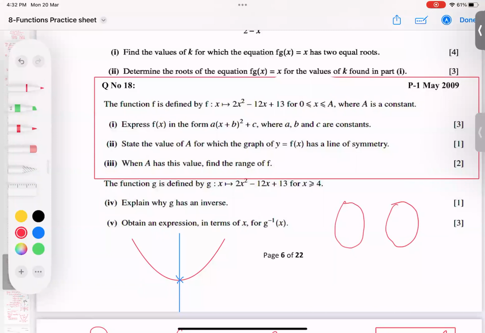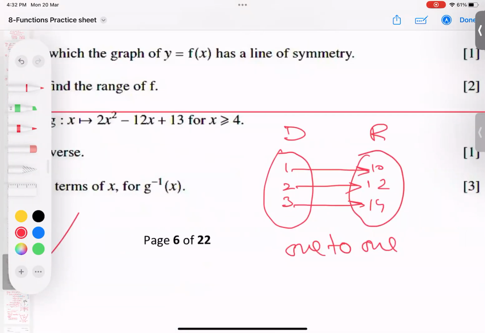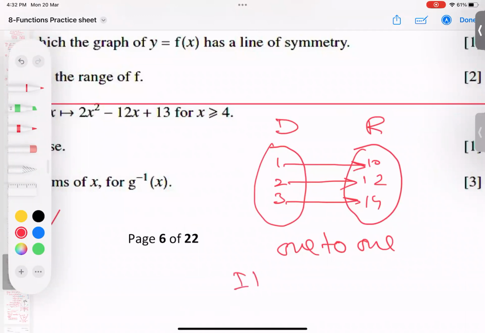For example, if there are 3 x values, and 10, 12, 14 as y values, the same number of y values, one each, it is called a one-to-one function. If we have a one-to-one function, an inverse exists.